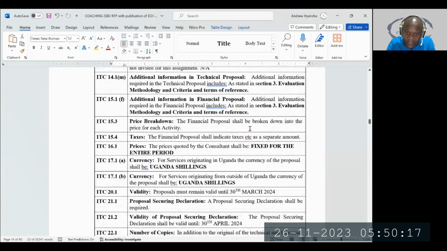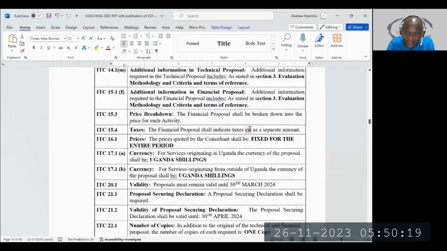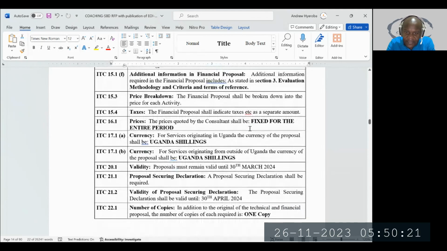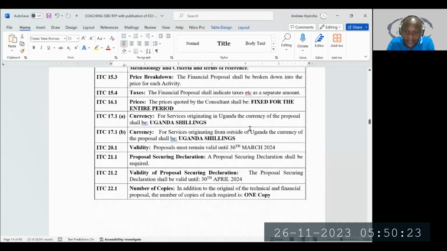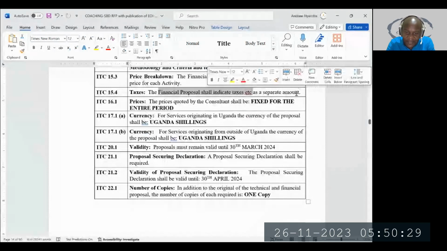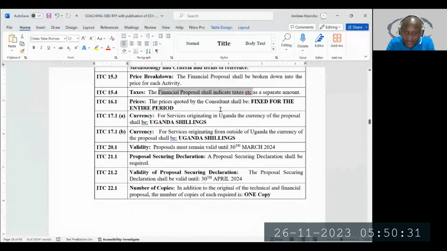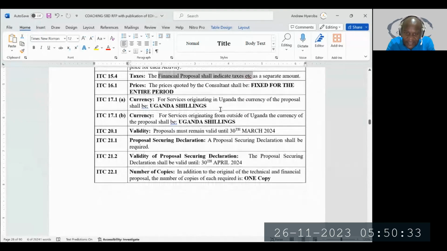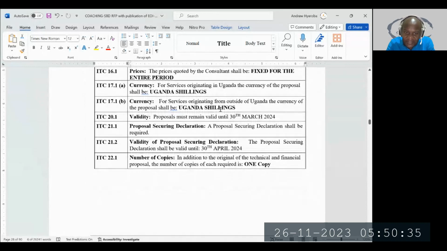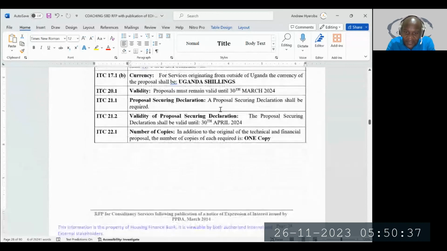Additional information, evaluation methodology and criteria. Additional information, price breakdown, taxes. The financial proposal shall indicate taxes, etc., as a separate amount. Keep that in mind. The prices quoted shall be fixed for the entire period in Uganda shillings, the currency, and the proposal securing declaration is valid until April 2024.